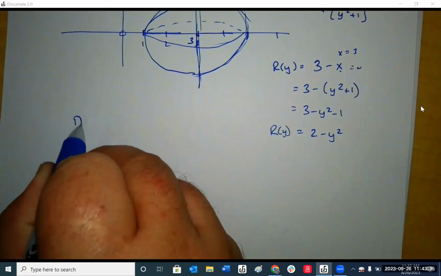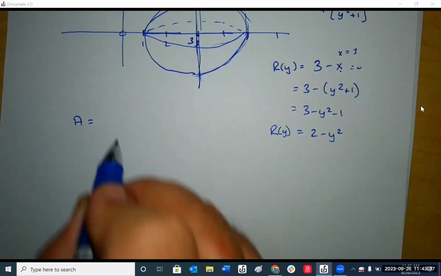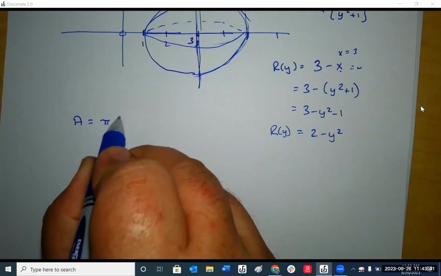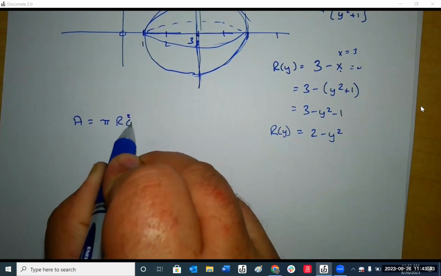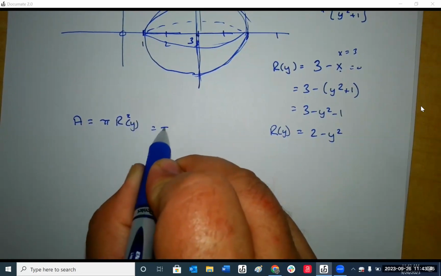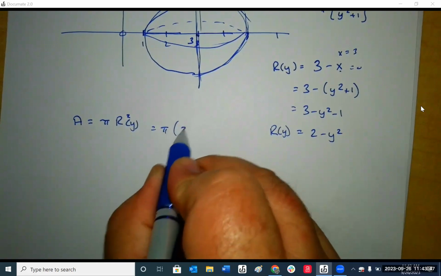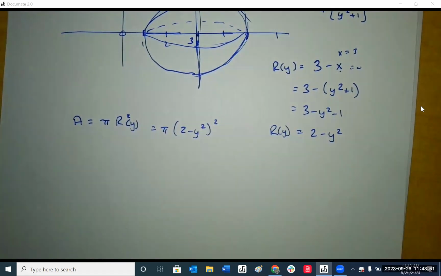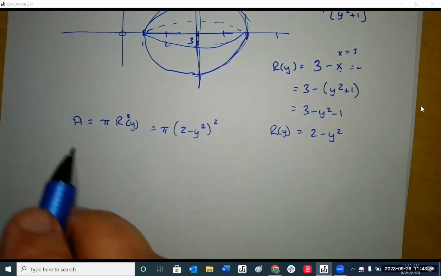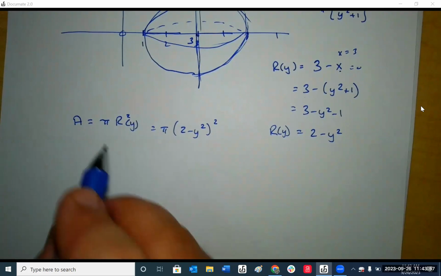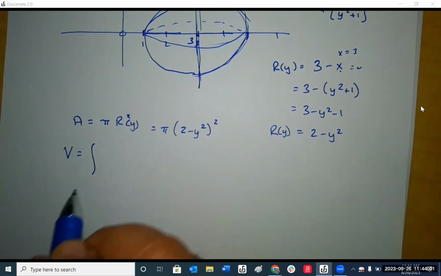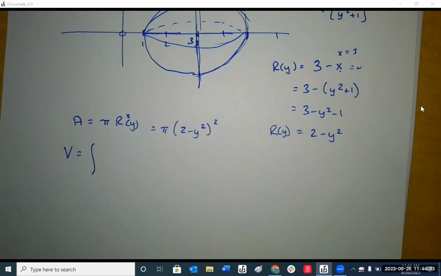So our area now becomes pi r squared, pi times 2 minus y squared, squared. Yeah, so our volume is going to be from where to where?